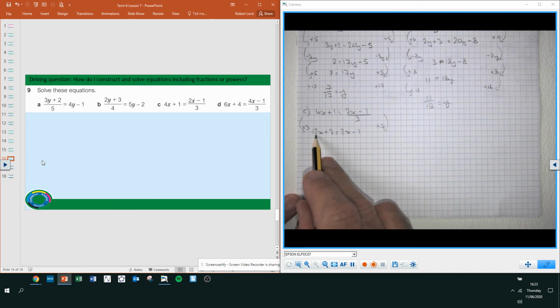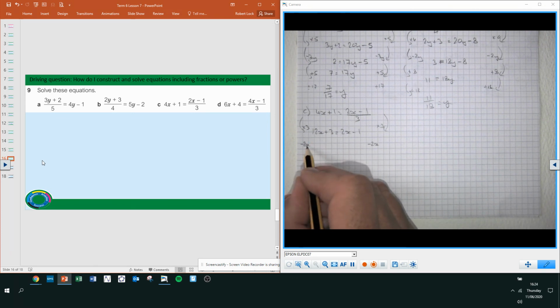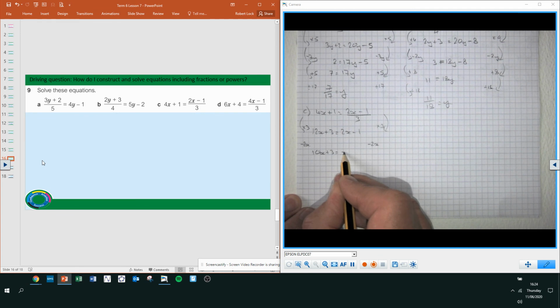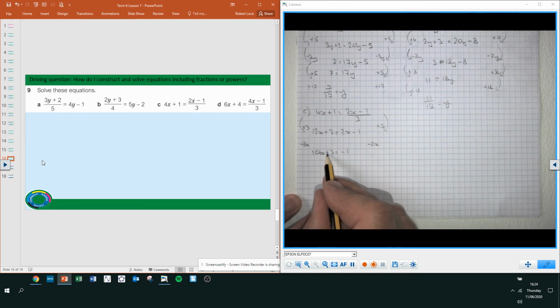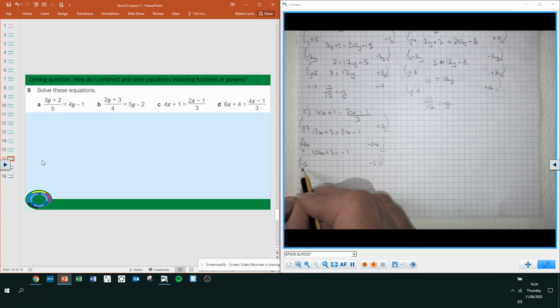Most of the letters are on the left hand side, so let's take the 2x away from the right hand side. Minus 2x there, minus 2x there. 12x take away 2x is 10x plus 3 equals minus 1. Take away the 3 there, minus 3 on that side, minus 3 on that side.